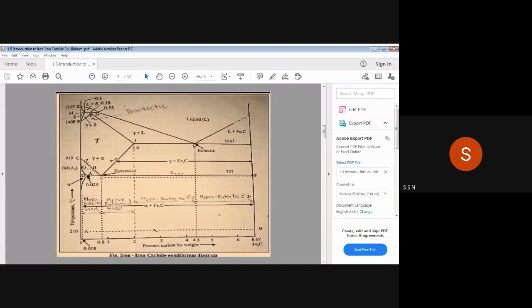So at 6.67% of carbon present in the iron, you get iron carbide, that is Fe3C. Whatever is written at the extreme right at 6.67%, I will try to darken it. So this 6.67 and Fe3C is nothing but iron carbide, also called iron carbon.